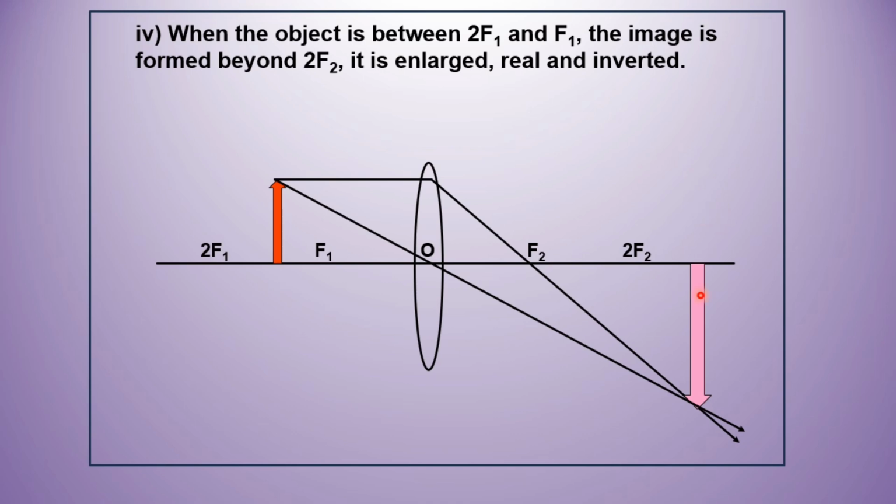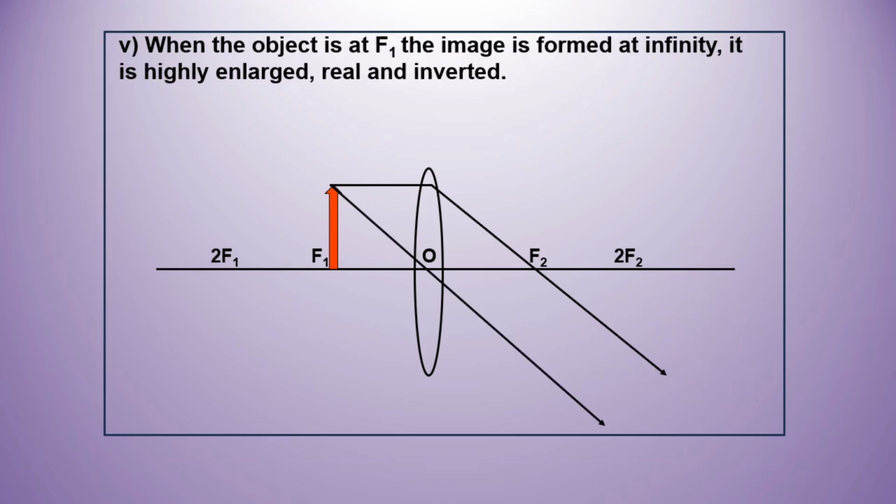It is enlarged in size, real and inverted. And in this diagram, we are going to see the object present at f1.